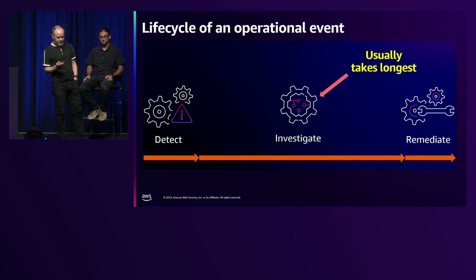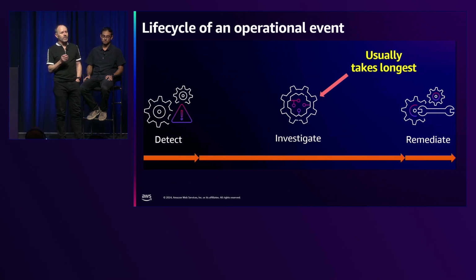Thanks, Abby. So in observability, when we think of an operational event, we usually divide it into 3 phases: detect, investigate, and remediate. Now, 2 of these phases tend to be relatively quick. Detecting that there's customer impact, your alarm goes off, that generally speaking happens quickly.